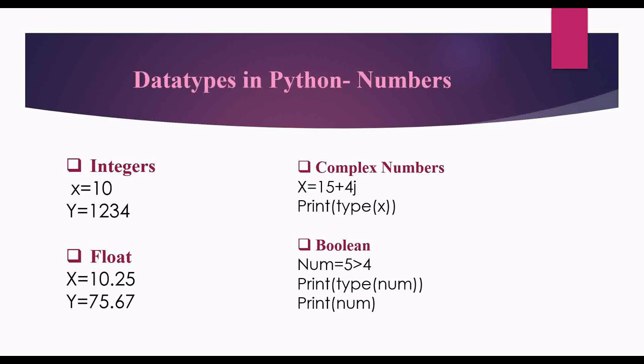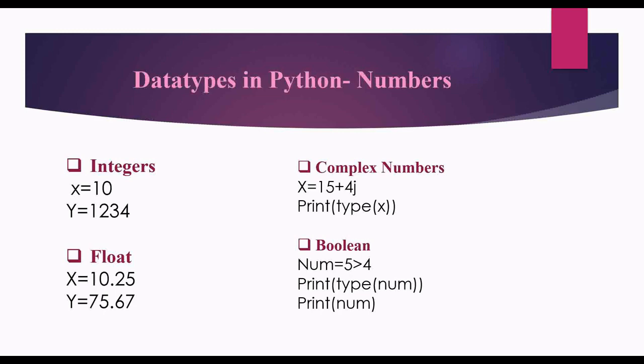If you want to check the type of the variable, then we know that Python provides a function named type, which we have also discussed in our previous video. With the help of that type function, we can say which data type a particular value is, and it will return the type of the mentioned variable.